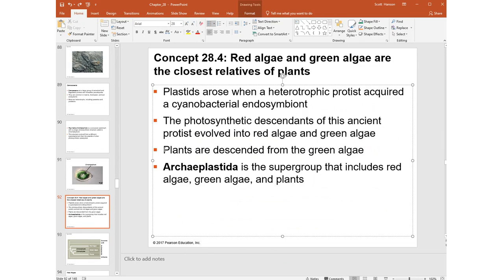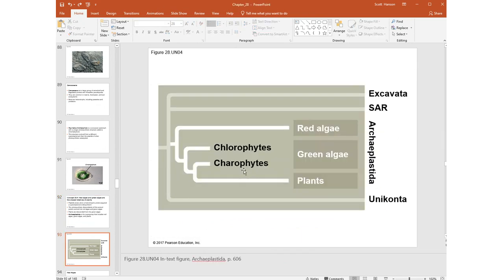And they think maybe the plants might actually be descendants of green algae, because they have some of the same type of photosynthetic pigments. Archaeoplastida is a subgroup that includes red algae, green algae, and also plants. You can see, here's the Archaeoplastida then.